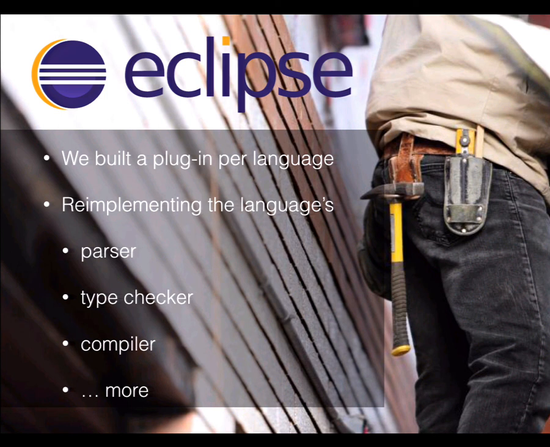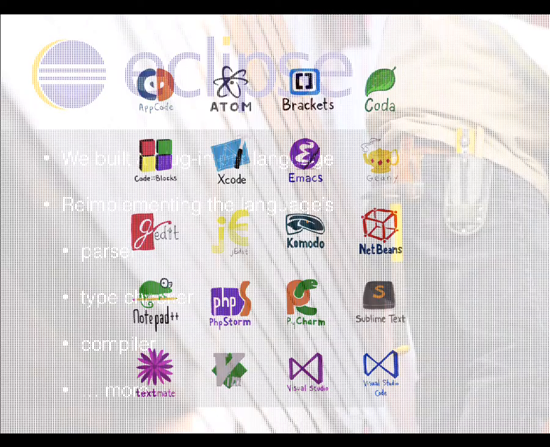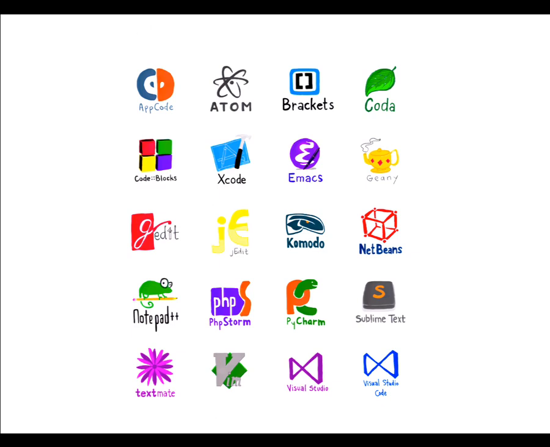What we did as the Eclipse community, I'm not talking about the Java people, is that when we want to build language support in Eclipse, we almost always re-implement a lot of bits of a compiler, because we need that stuff in order to provide decent tool support. So there are many, many lines of code out there that do similar things to the original compiler of a certain language, maybe in a different language.